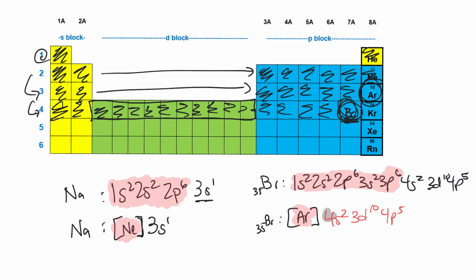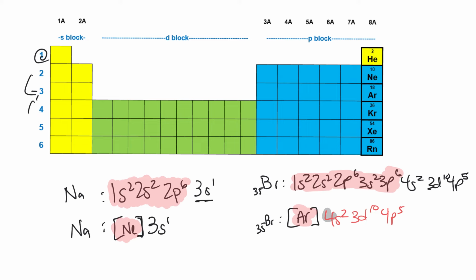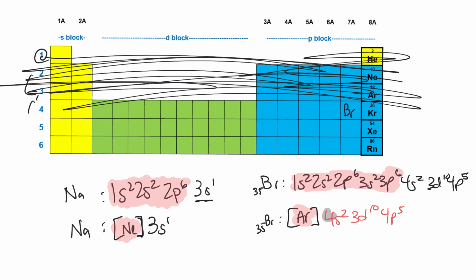Actually, let me erase a couple of things so that it's clearer. Once again, I said bromine's here, right? When you write the argon, basically you covered the first 3 rows completely. Everything up to that noble gas has been substituted just by writing that noble gas.